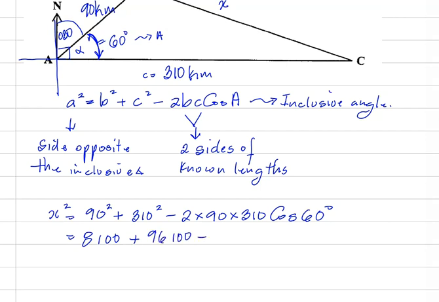Minus 2 times 90 times 310, that's 55,800, so this is 55,800 cosine of 60 degrees.